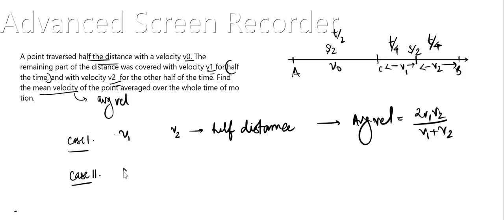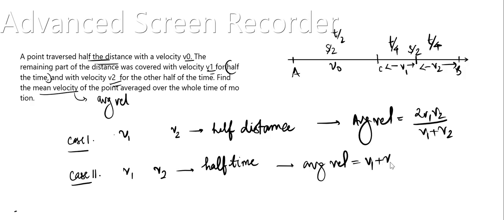And if half of the time is covered by velocity v1 and the rest half by velocity v2, then the average velocity is v1 plus v2 divided by 2.